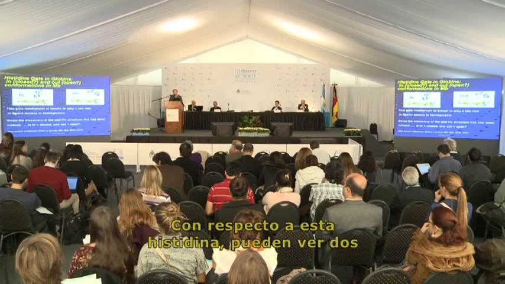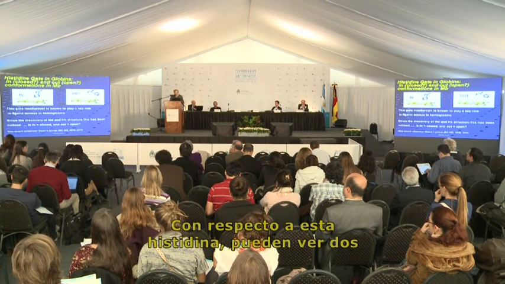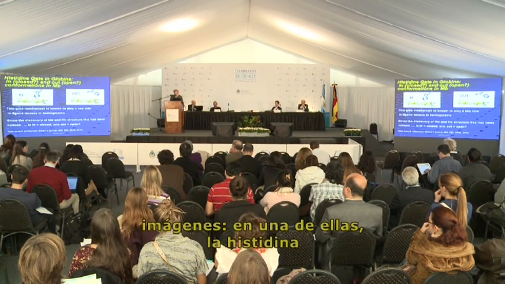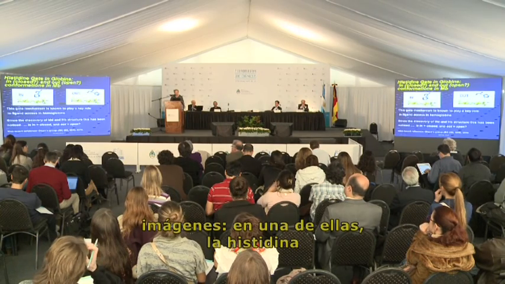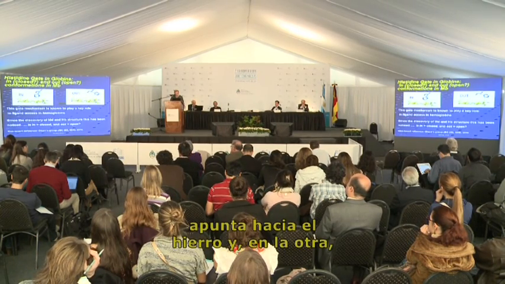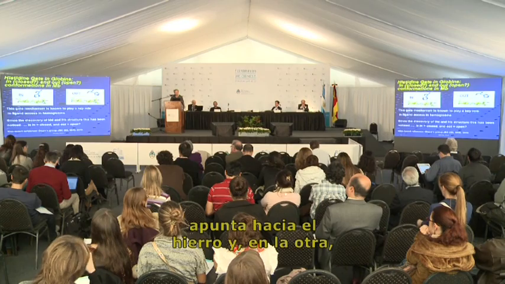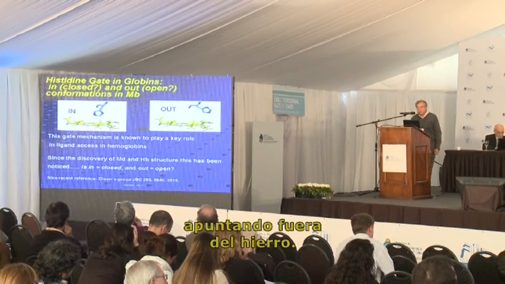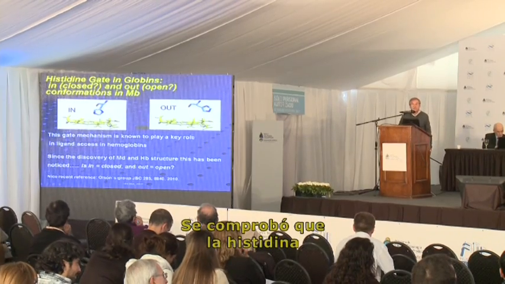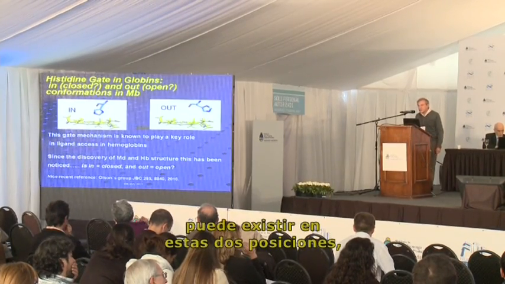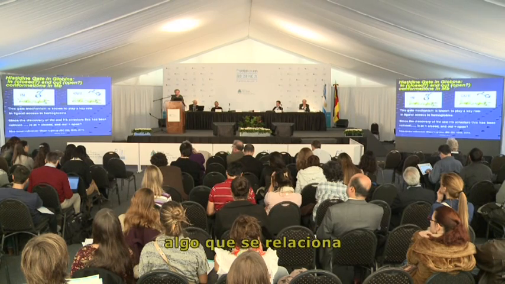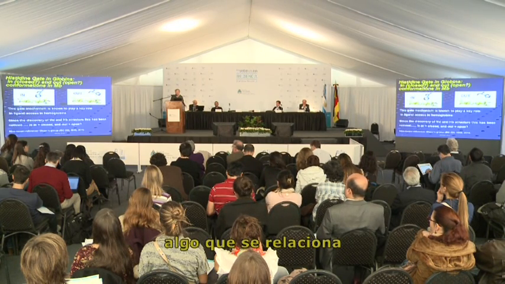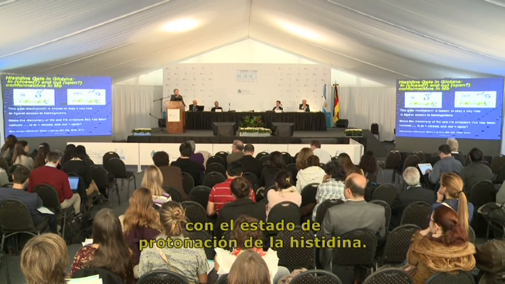Regarding this histidine, you can see two nice pictures. One picture is the one in which the histidine is pointing towards the iron, and the other is the histidine pointing outside. There is experimental evidence that the histidine can exist in these two positions, and this change in position is also related to the protonation state of the histidine.